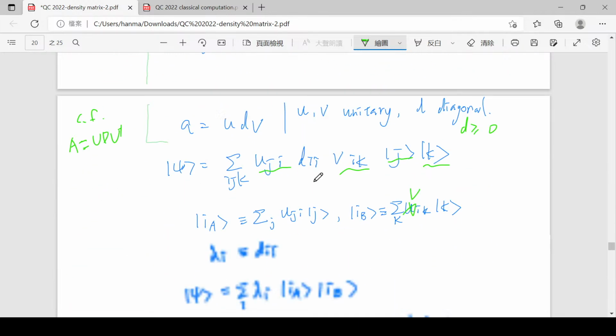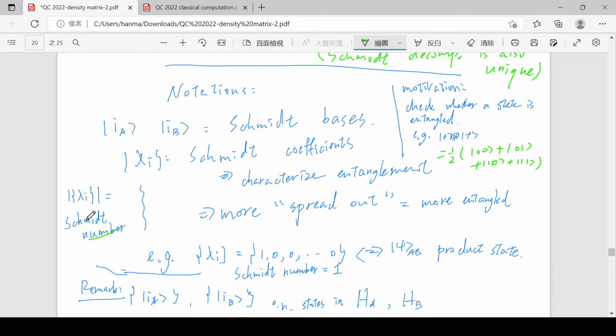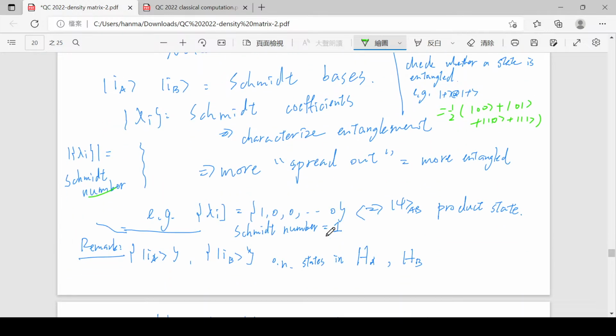But it's quite non-robust because it only counts the non-zero numbers. So it doesn't distinguish. The Schmidt number of 1 over square root 2, 1 over square root 2 is 2, but also 0.99999 and 0.00001, with square roots, is also 2.